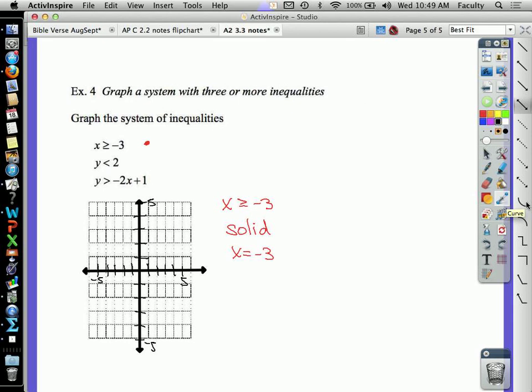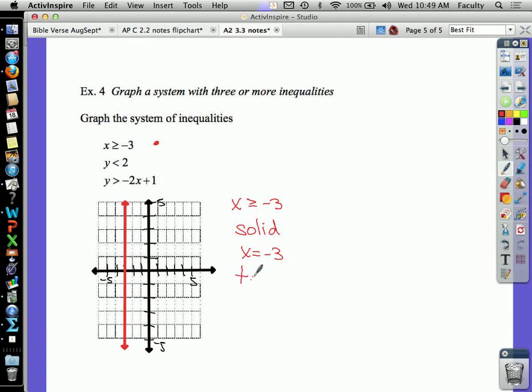So this is a solid vertical line at x is -3. I'll test point 0, 0. Is 0 greater than or equal to -3? Yes. So I'm going to shade on the side that has the test point.